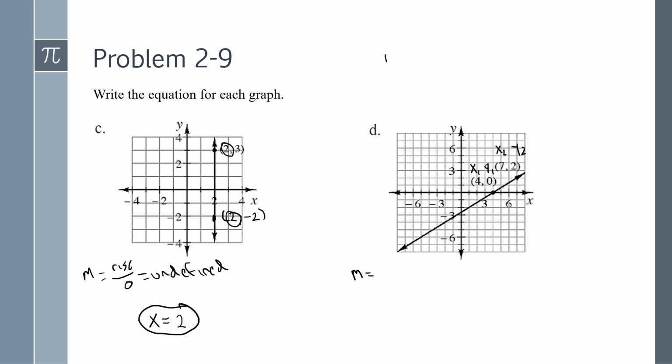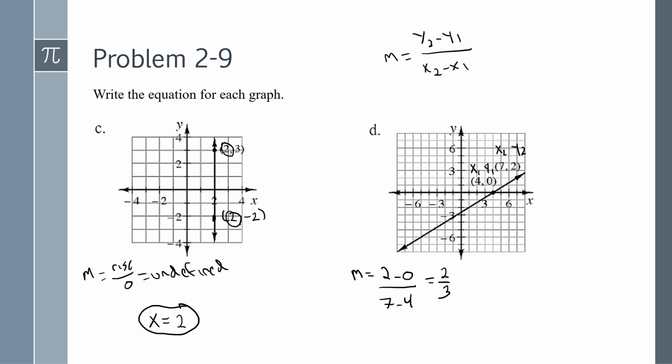And you may know the slope formula: y2 minus y1 over x2 minus x1 is how you find slope. So y2 in this case is 2, y1 is 0, so 2 minus 0 over 7 minus 4. 2 minus 0 is 2, 7 minus 4 is 3. So slope is positive 2/3.